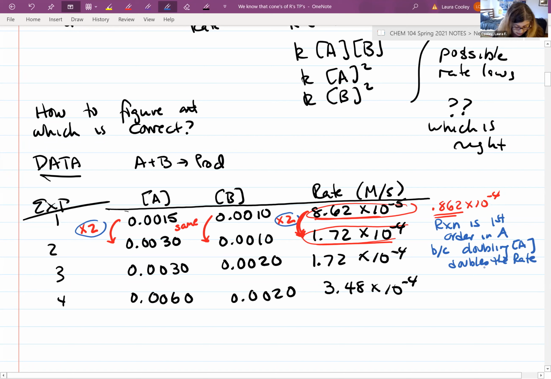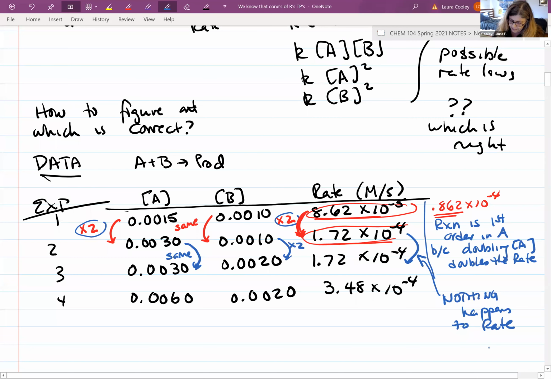Now let's talk about changing B and leaving A constant. So if I go from this to this, A is staying the same and B is doubling. And as I go from this to this, nothing happens, okay? What does that mean? What is the order?